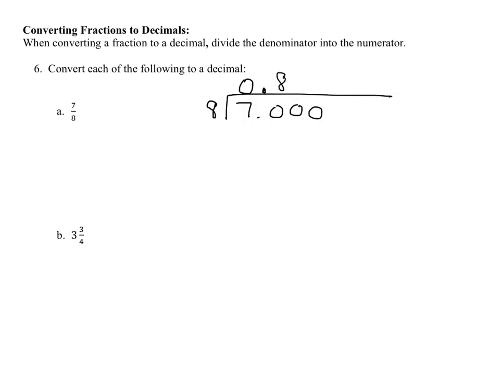So when I do that, I'll get 64. Subtract, I'll get 6. 8 goes into 60 7 times, 56. Yay, 8 into 40 goes 5. So it's 0.875.